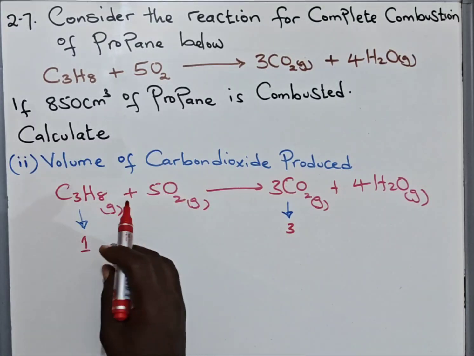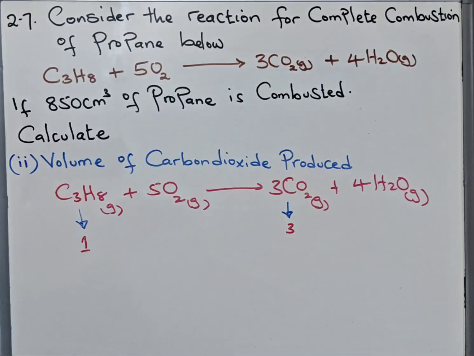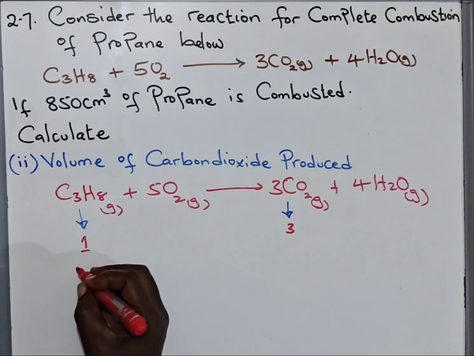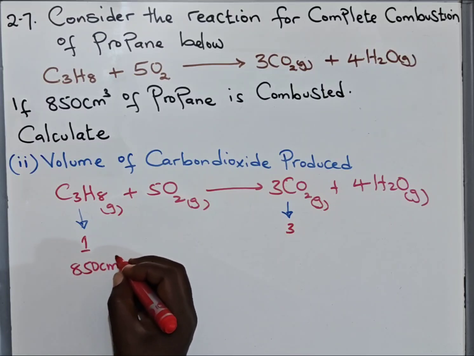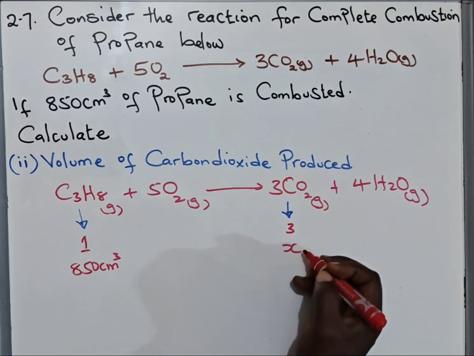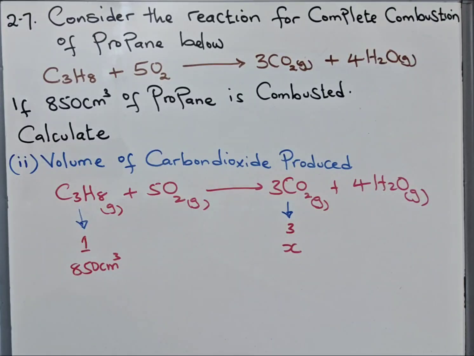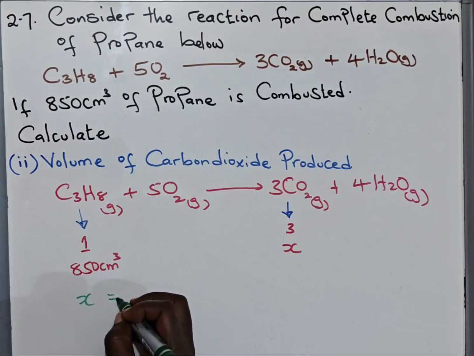Then remember these are moles and we are bringing in volume. Why? Because Avogadro says that all the gases behave the same, provided temperature and pressure are the same. So we can quote our volume here for propane, and we are looking for carbon dioxide. This gives us the power to calculate that. So if you cross multiply, what are you going to get?